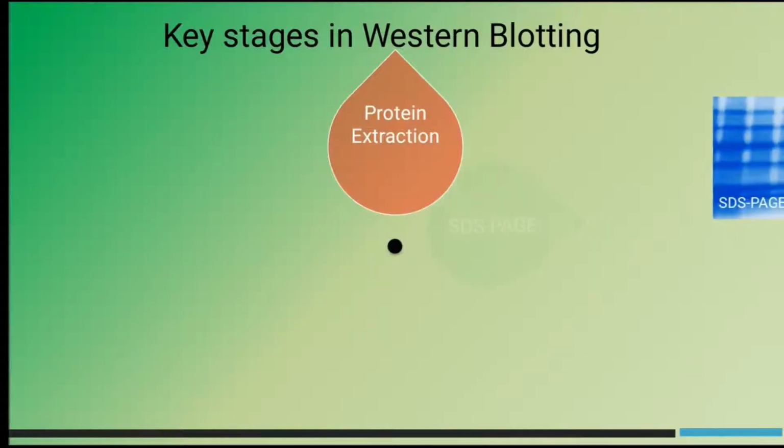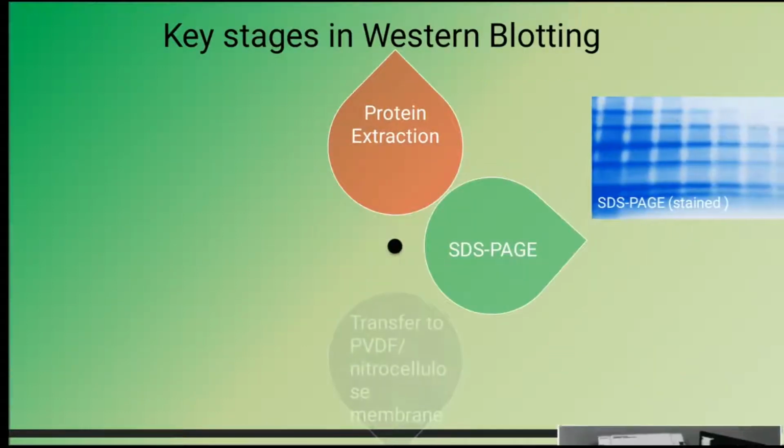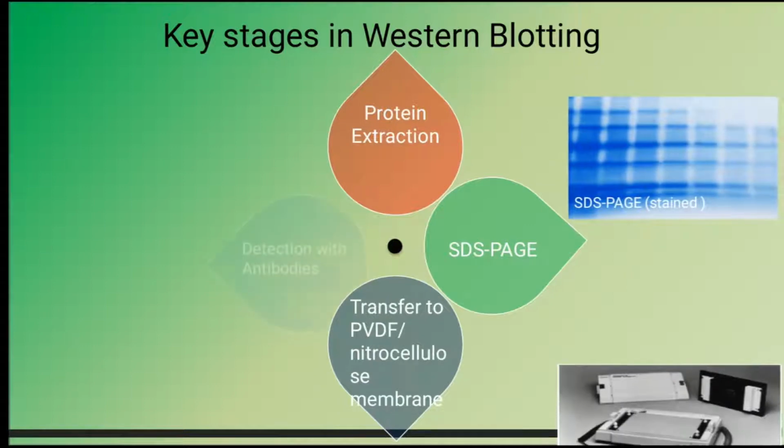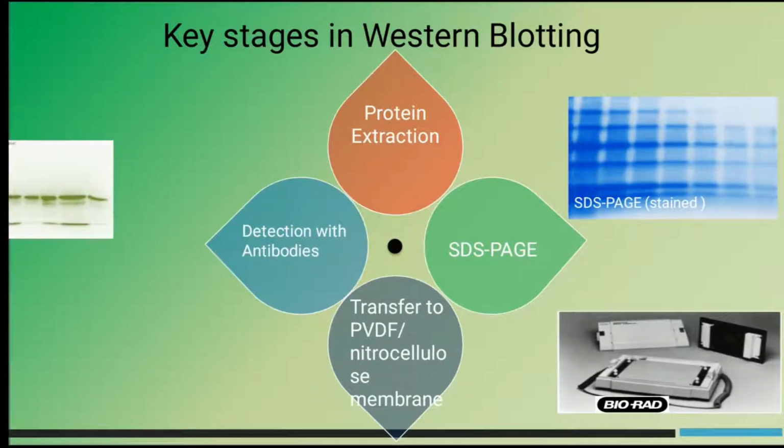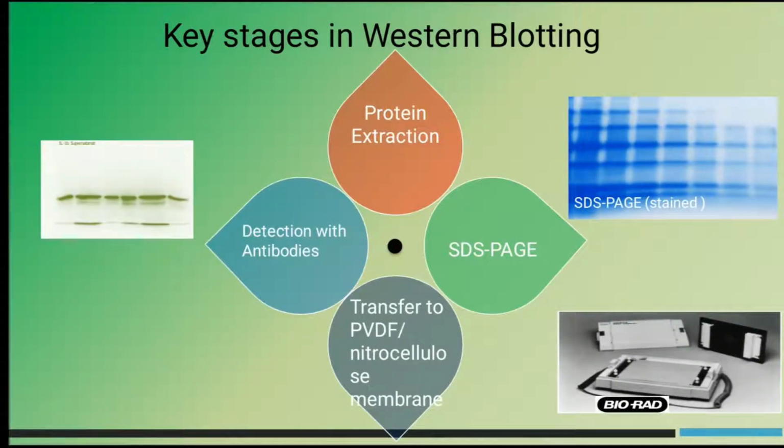Now we will see the key stages in the Western blotting technique. The first one is extraction of protein from the samples. The sample may be cells or tissues or specific organs, extracted from different growth stages or treated under different treatment conditions, etc. Once the protein is extracted, it is resolved in sodium dodecyl sulfate polyacrylamide gel electrophoresis, known as SDS-PAGE.